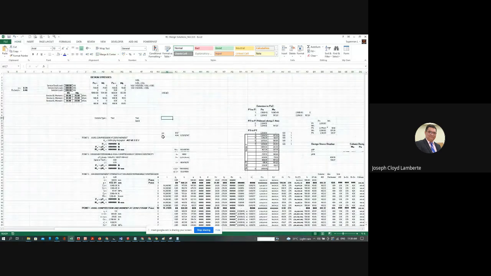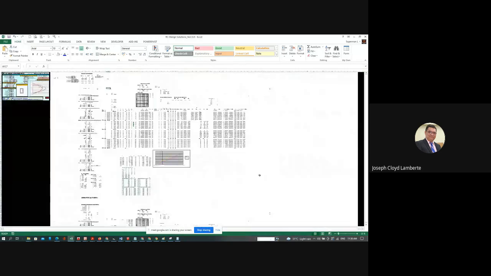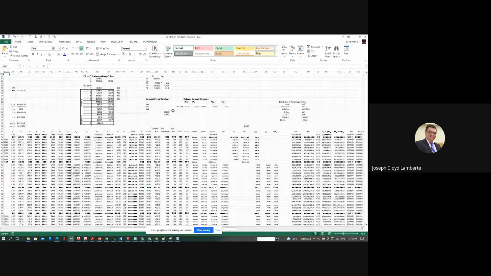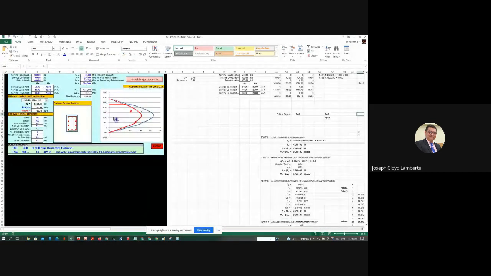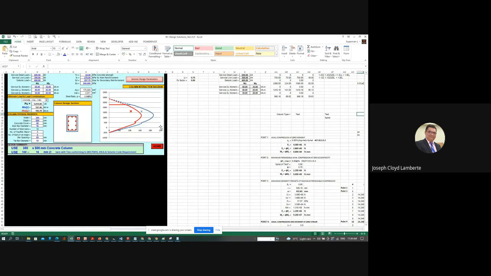So muna class, just to arrive with this column interaction diagram, the actual load versus the moment. By the way, ang kanang X is the load, the actual load with the corresponding moment capacity, moment load.